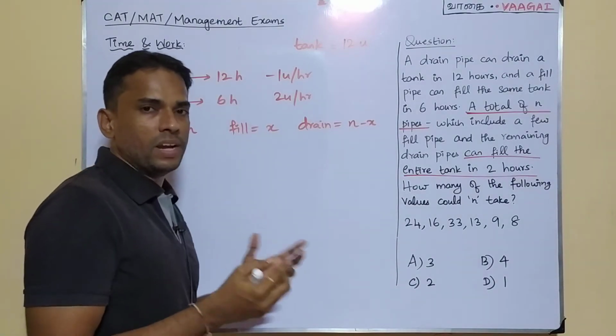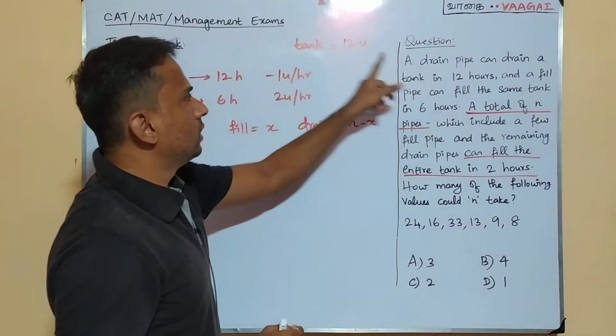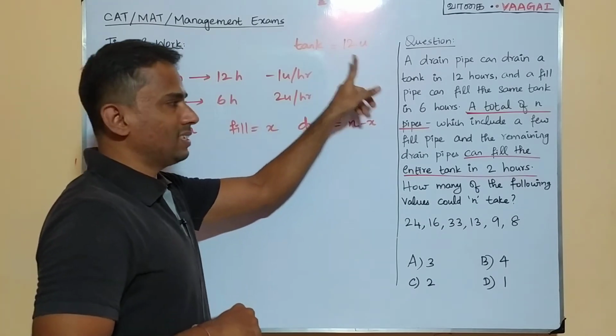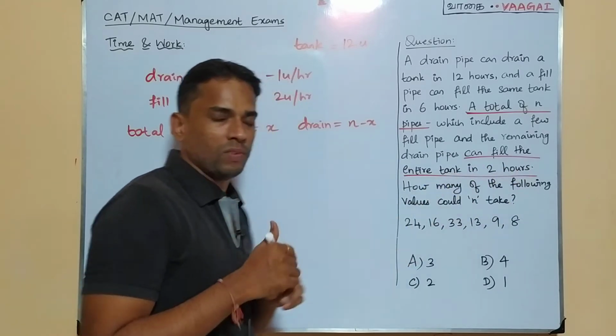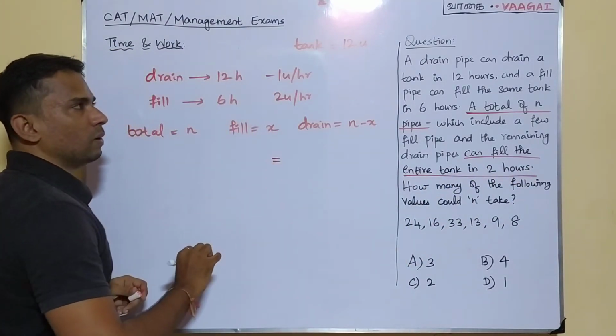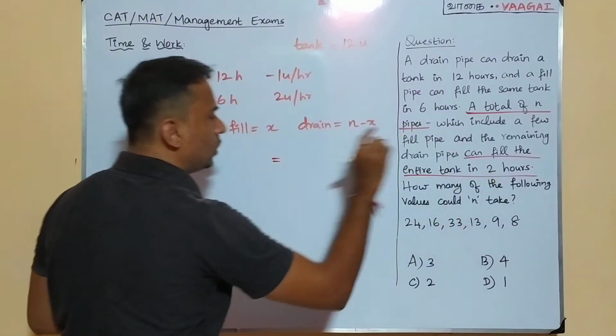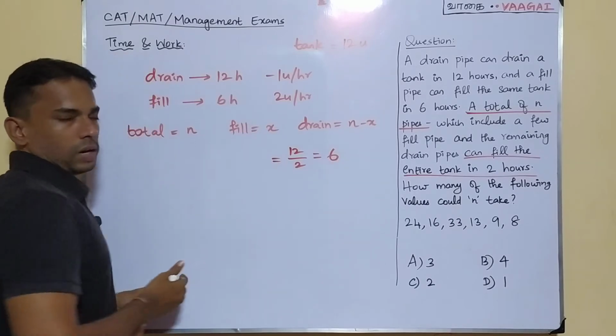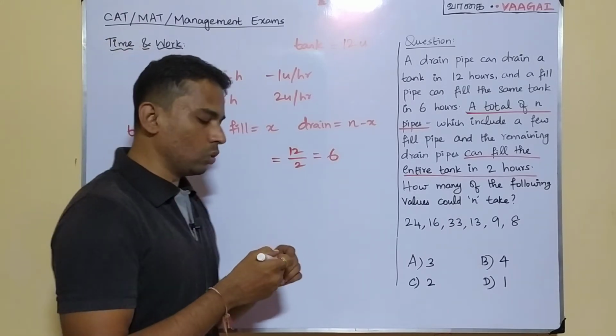According to our consideration, the entire tank is 12 units, and if it is taking 2 hours, the combined efficiency will be nothing but 12 by 2. That means it is going to be 6 units per hour.